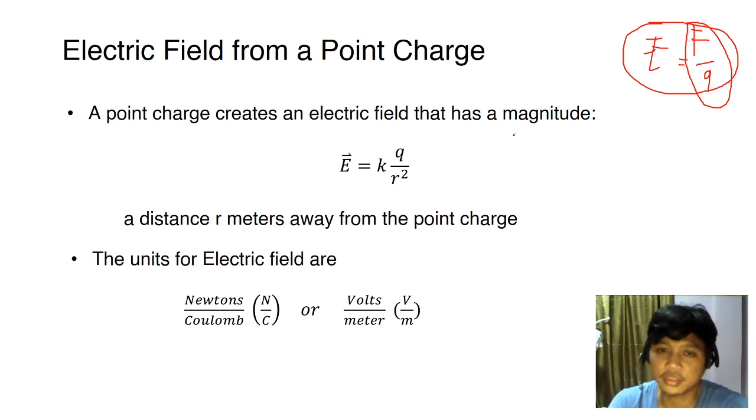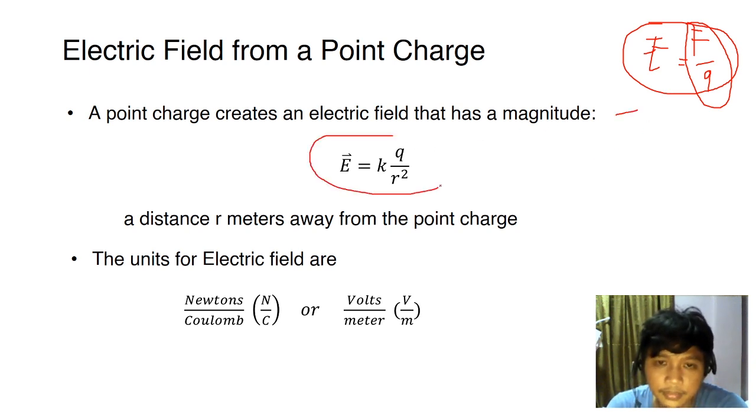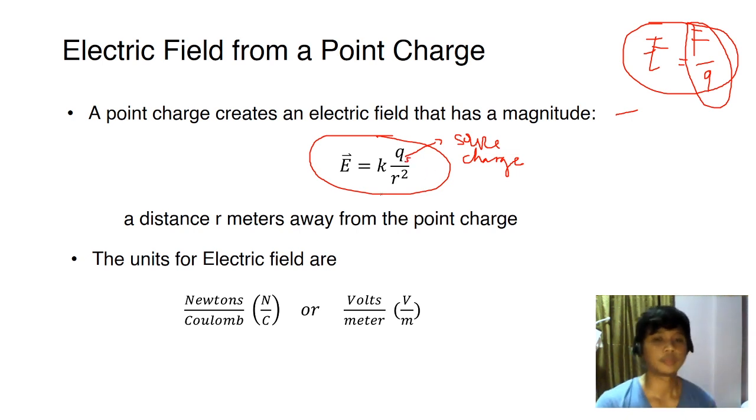This is a test charge. Now here, this other formula looks different, right? And the Q in this formula is not a test charge. That Q is actually the source charge. And so, to avoid confusion, I suggest you put a subscript of S whenever you use this formula. So what is this formula for?